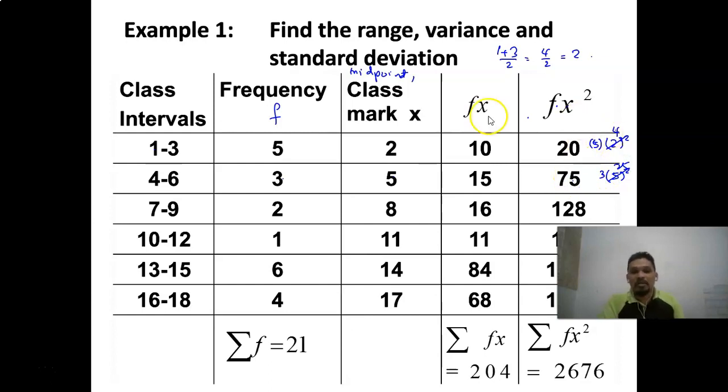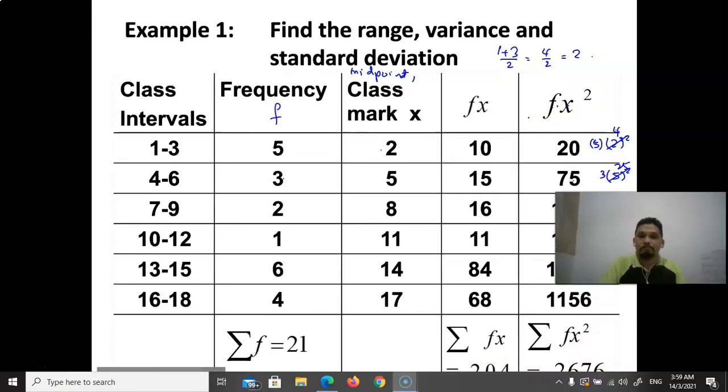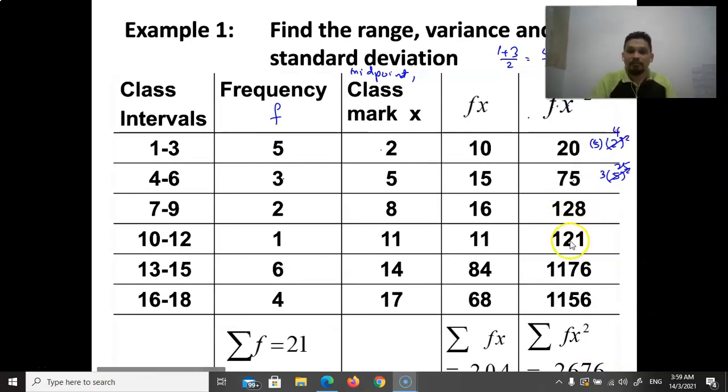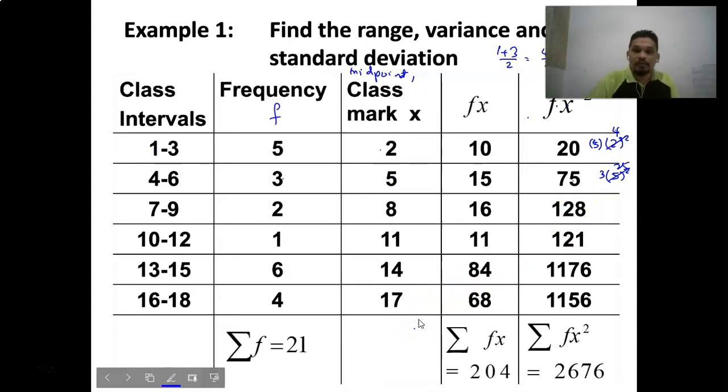That's it. So f times x: 5 times 2 equals 10, 3 times 5 is 15, 2 times 8 equals 16. So the summation of fx equals 204, and the summation of f times x squared equals 2676. Okay, there you go. Now, the solution.